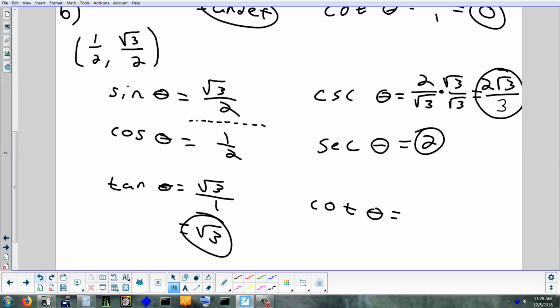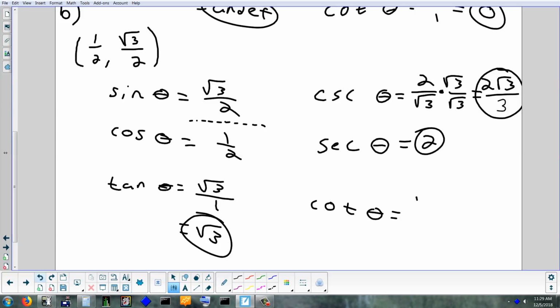And you don't have to give me the final answer. Just tell me what I get when I flip what I'm supposed to flip. So which trig function are we flipping again to get your cotangent? You're just flipping the tangent. So let's just flip that. If you flip tangent, what do you get? You get 1 over the square root of 3.